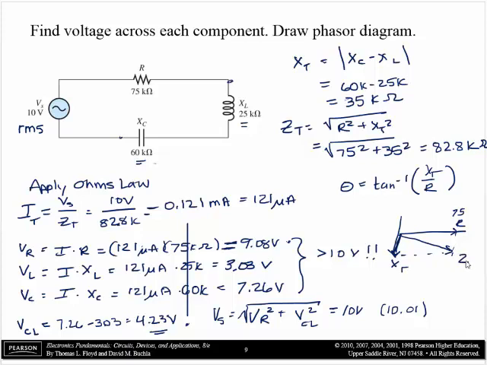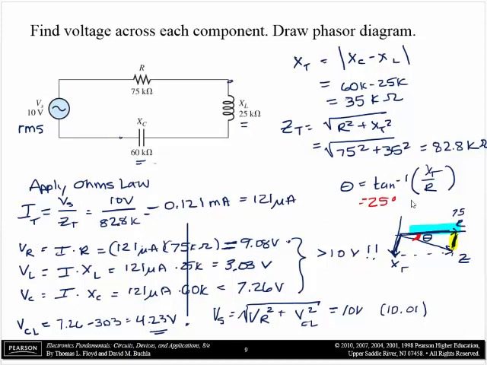There's my Z, and there's my angle right there, which is tangent to the -1 of X total, opposite, over R, adjacent. Tangent to the -1 of that will give me the angle. I do that math and I get 25 degrees.